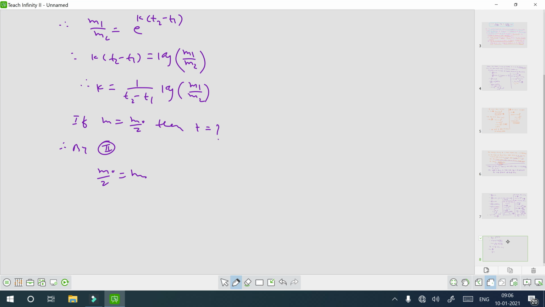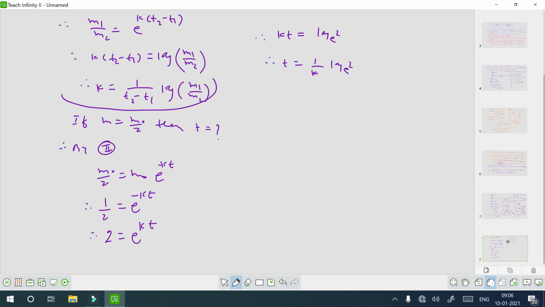And therefore by 2, m0 by 2 is equal to m0 e raised to minus kt. So half is equal to e raised to minus kt. So 2 is equal to e raised to kt. And therefore kt is equal to log 2 base e. So what will be t? 1 by k into log 2 base e. Now use this value of k here.